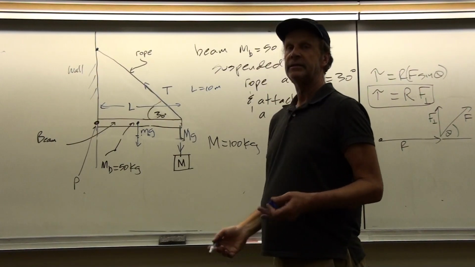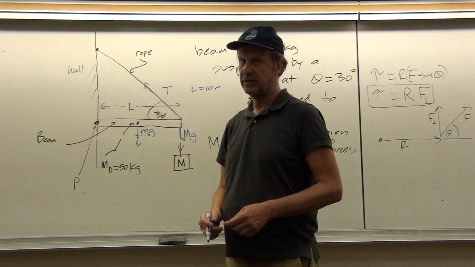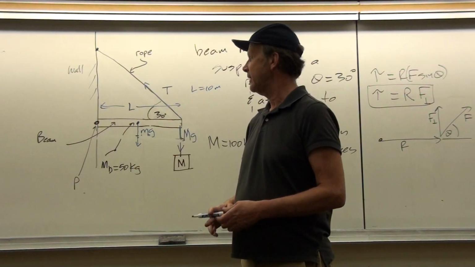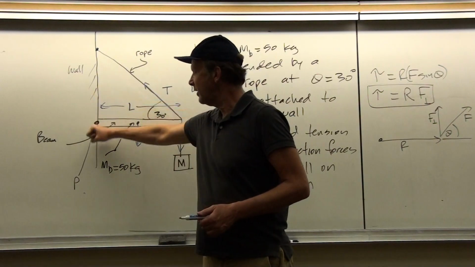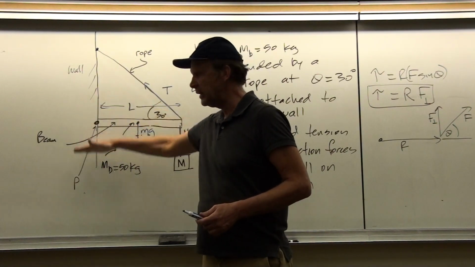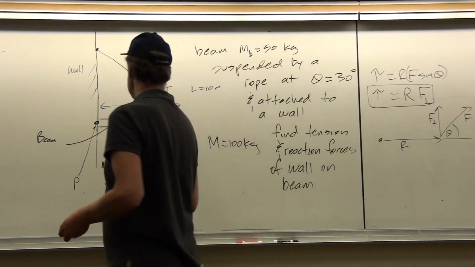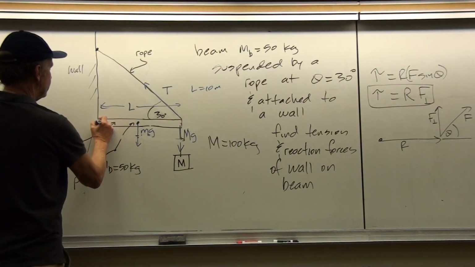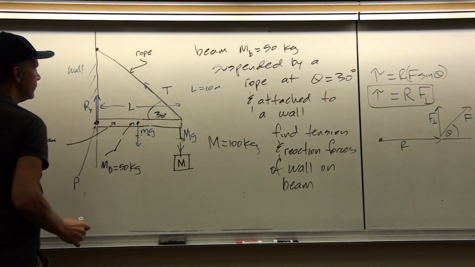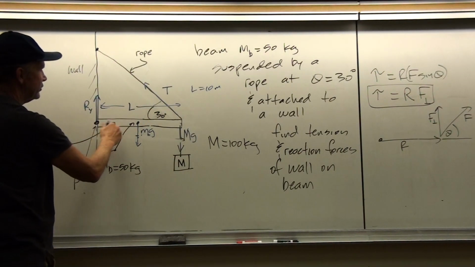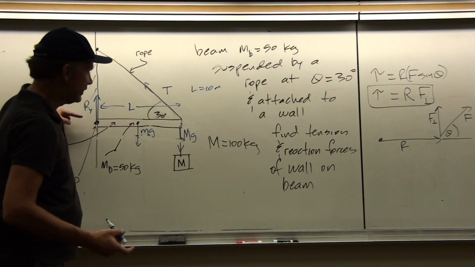And so is that it? No. There's also the forces of the wall acting on the beam. Now, how do we know that? Well, because the beam is pushing down because of its weight on the wall. So if it were made out of tissue paper, we would just tear it right out that way. And so therefore, there must be a reaction force of the wall on the beam that we'll call Ry. But also, if this were made out of tissue paper, the beam would impale itself right through the wall in this direction as well.